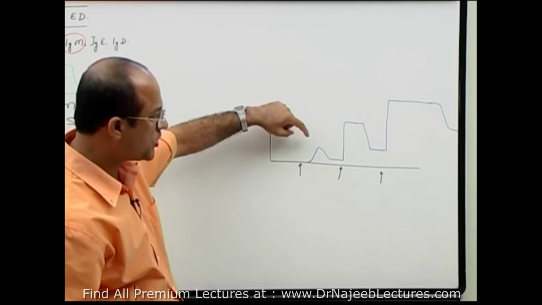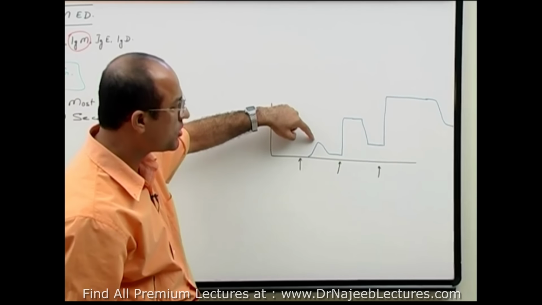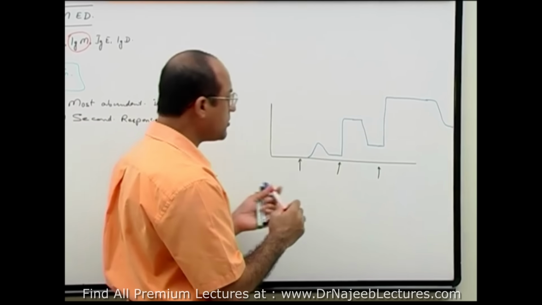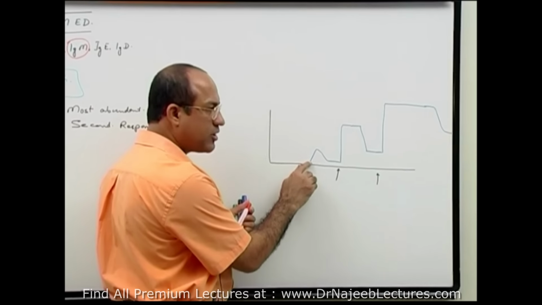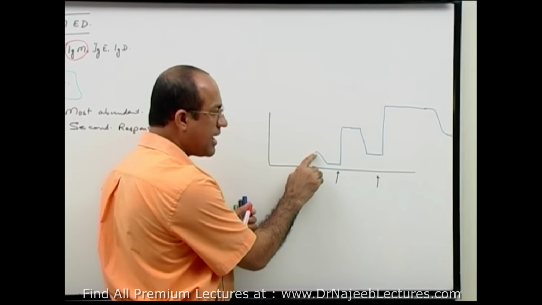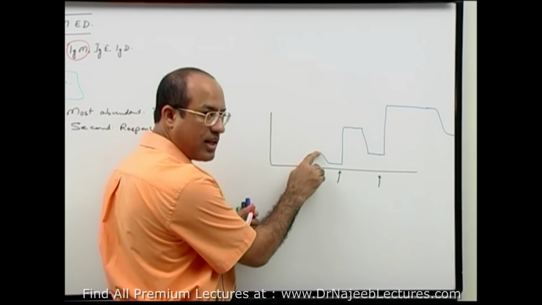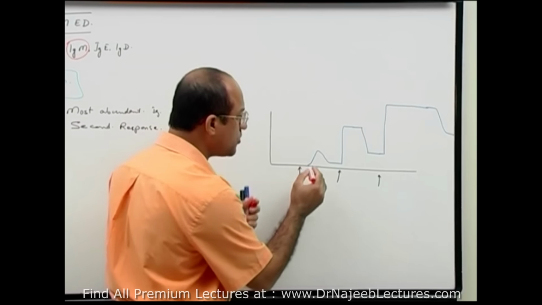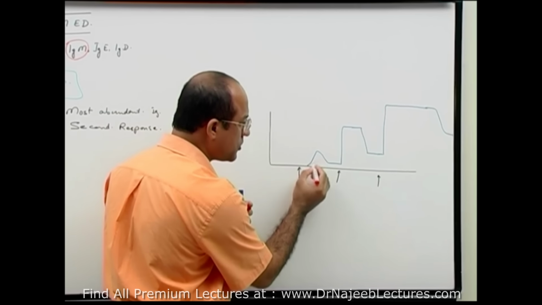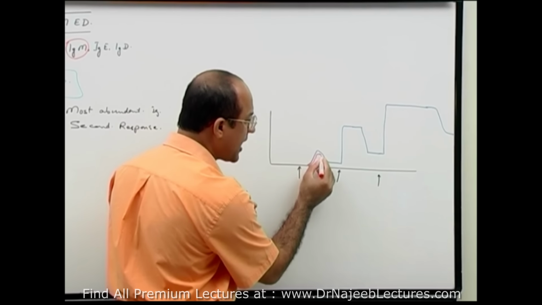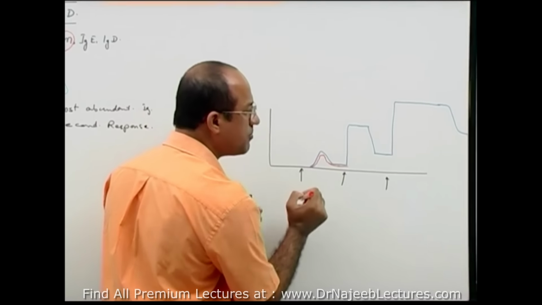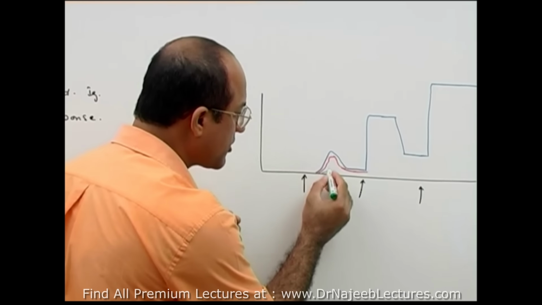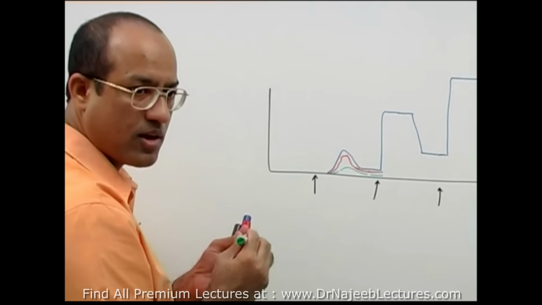Again, I will repeat, there is a big difference between primary and secondary immune responses, right? Number 1, in the primary immune response, there is a slow and gradual increase in antibody concentration, and it reaches the peak at a low level and gradually comes down to a very low level. The main antibody in the primary immune response is IgM. In the primary immune response, the concentration of IgG is very low, right?